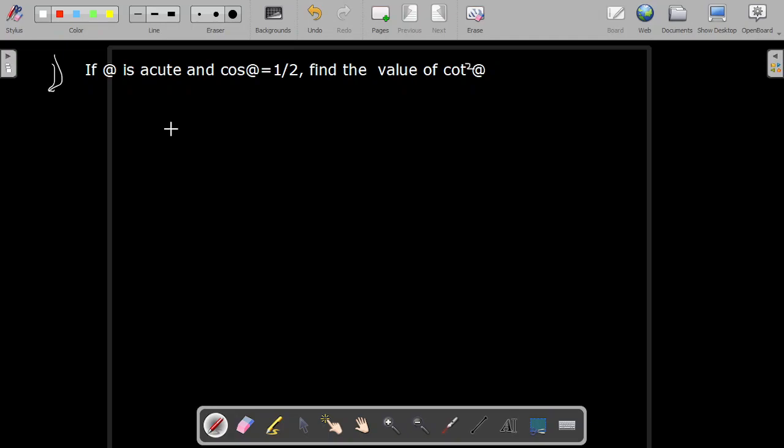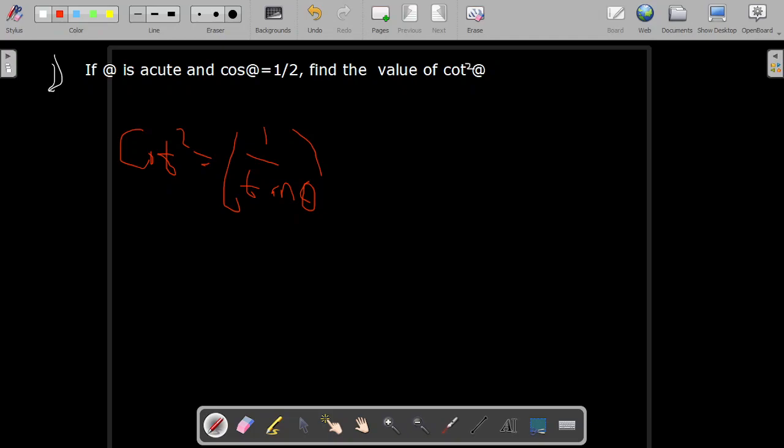okay, we need to get the formula of cot square theta, and we know that cot square theta is equal to the square of 1/tan theta, as explained earlier.